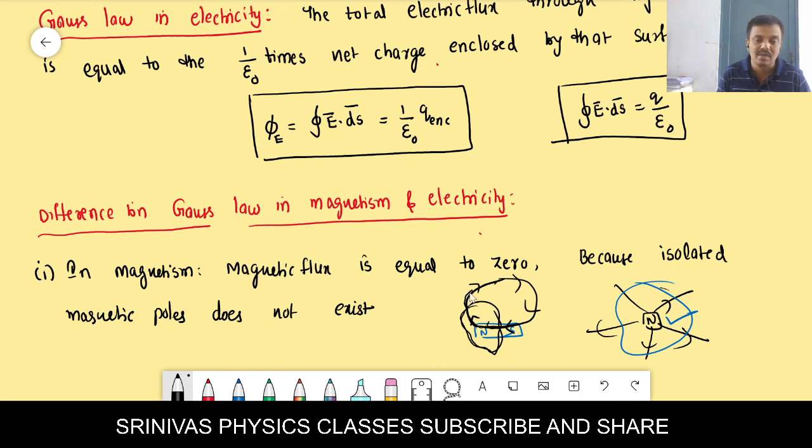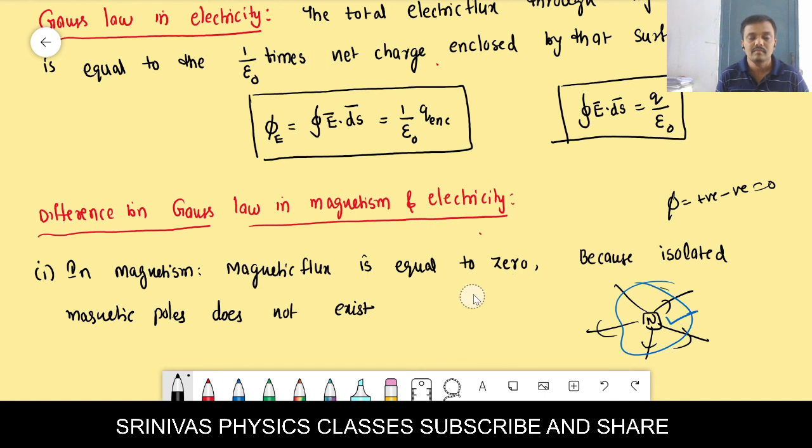How many lines are leaving, that many lines are entering. We can take the leaving lines as positive and the inward lines as negative. If two lines are going away, then two lines come into the closed surface. That's why the total magnetic flux is 0.